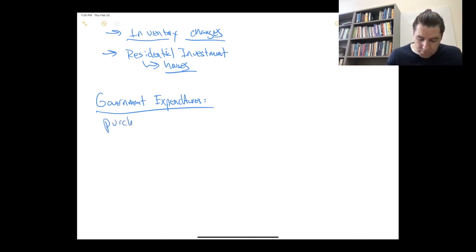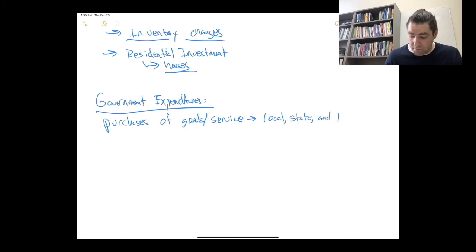So purchases of goods and services, and this includes local, which is like your city of Oshkosh, state, and federal government. Right? So any level of government that buys a good or a service, that counts as a government expenditure. So if we build a road or we build a new school building or you buy supplies for the school building, right? That all counts as government expenditure.